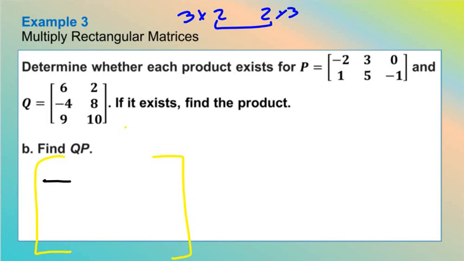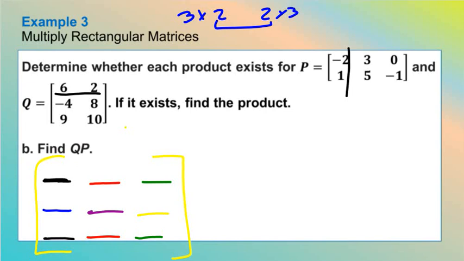So 1, 2, 3. 1, 2, 3. 1, 2, and 3. So this first one, row 1, column 1. So we have 6 times negative 2 plus 2 times 1. That's negative 12 plus 2 gives us negative 10.